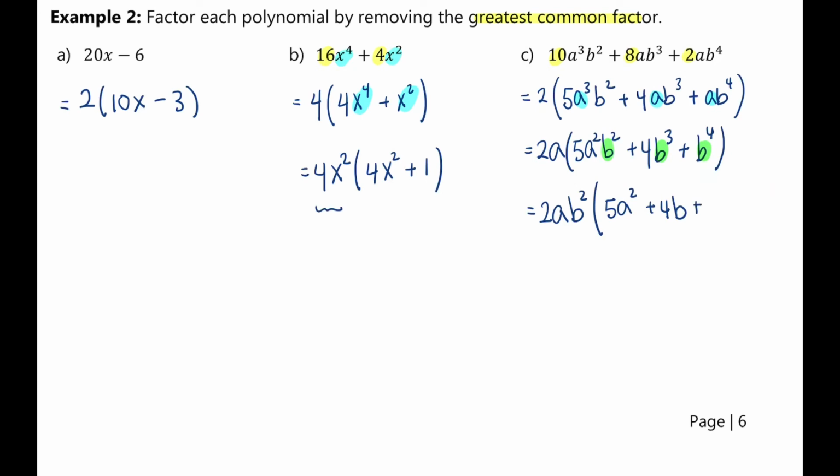And then lastly, b squared, close the bracket. And we cannot remove any more factors. So this is it. So GCF of those three terms was 2ab squared. So that's it for 5.2.